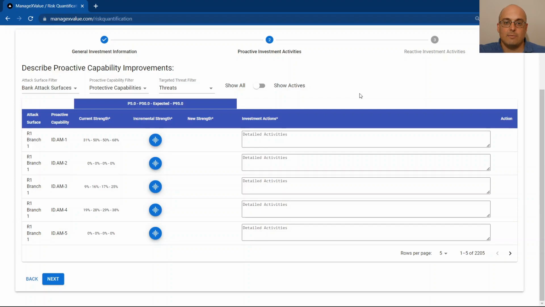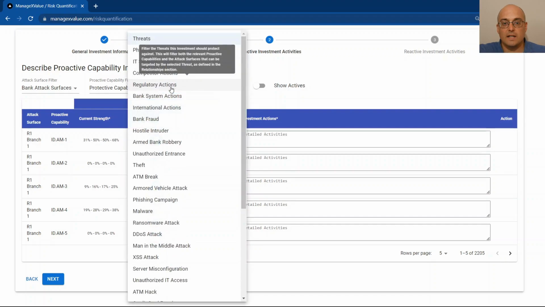But at the same time, for a larger organization with a significant risk profile or risk landscape or risk web, how we call it, you can see that there can be a significant number of proactive capability attack surface combinations. In this case, there are 2,205 of those already that could be improved to some extent.